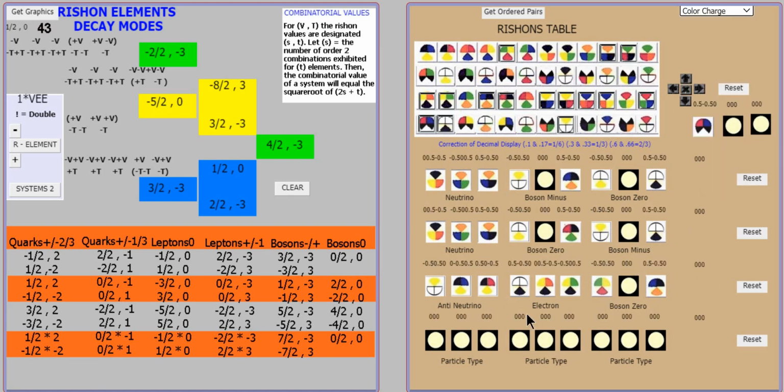And color charge. Of course, on the bosons we will have color charges of 0 because of color and anti-color features in their compositional parts. And for the neutrino, we have the antineutrino, we have the colors yellow, blue, and red, which sum to 0.